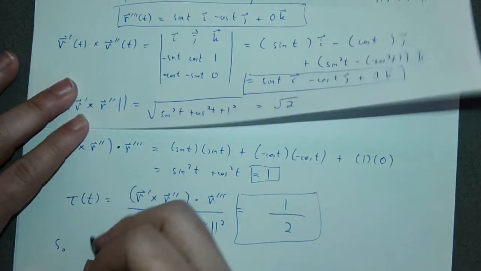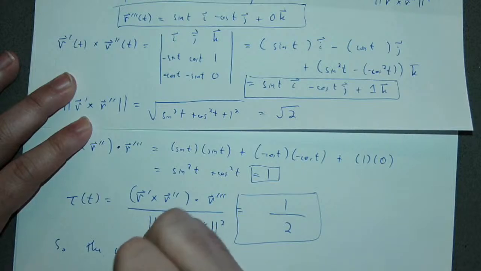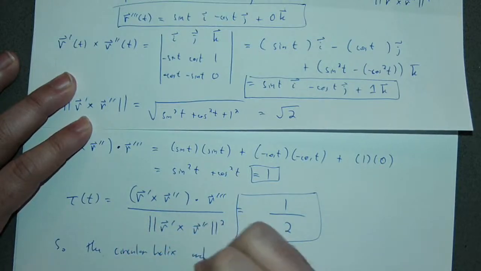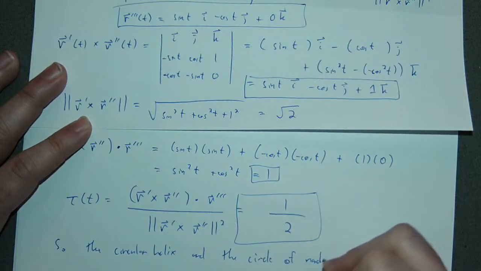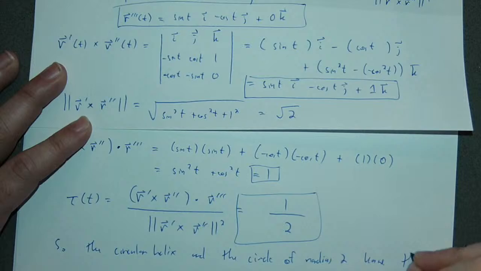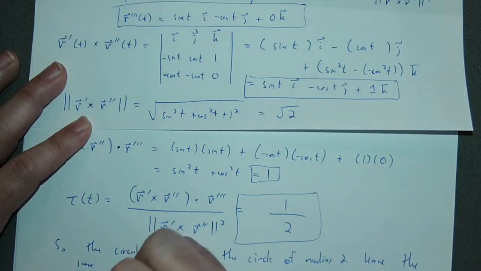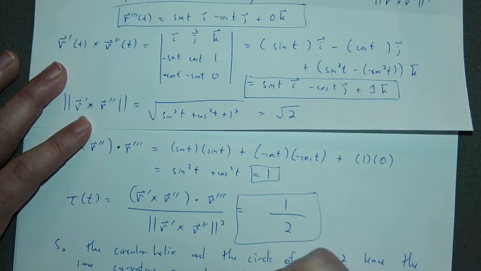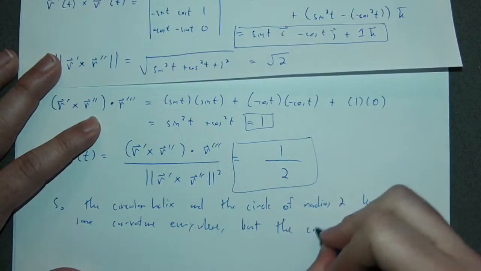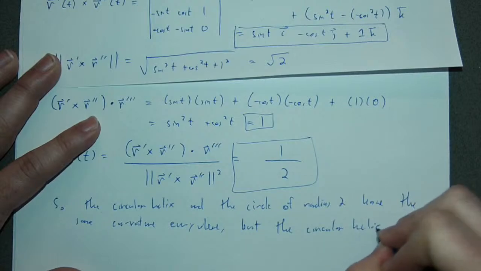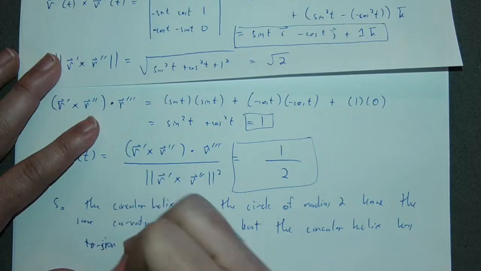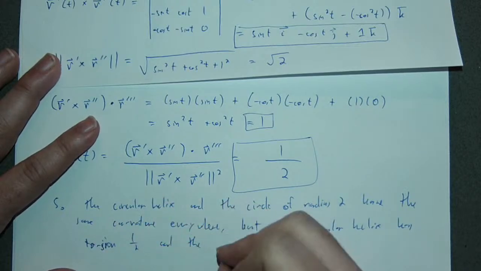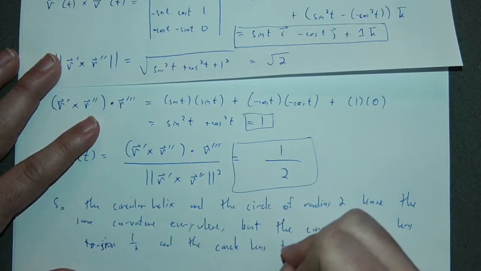So the circular helix and the circle of radius 2 have the same curvature everywhere, but the circular helix has torsion 1/2, and the circle has torsion 0.